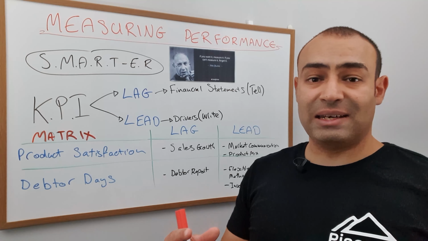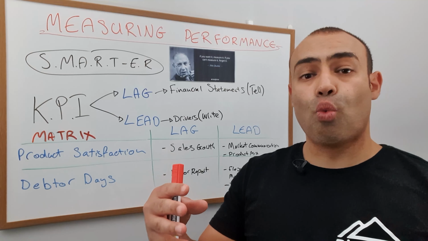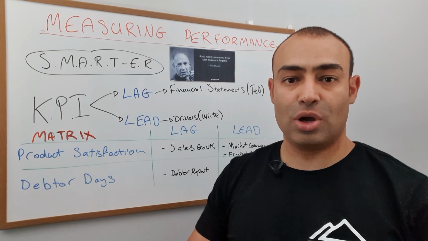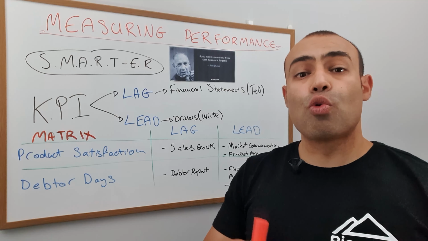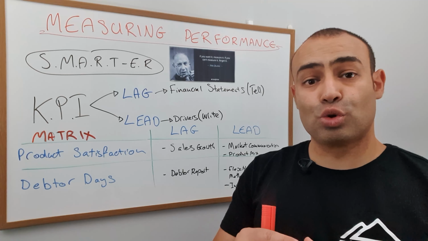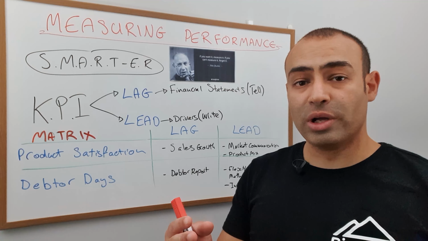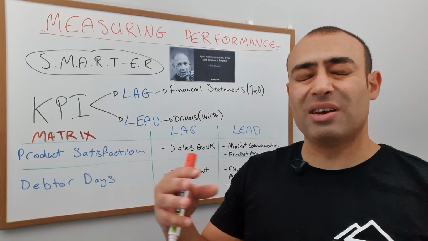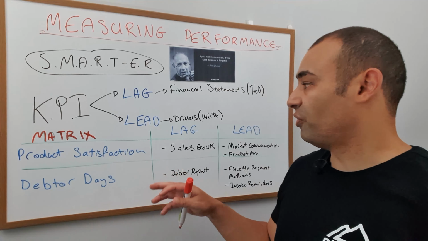Think of lag indicators as measures that tell what has happened, whereas lead indicators, to a large extent, write what has happened or collect data as to where we want to move. They're still historical, but they're things that we can influence right now the next time we look at these figures.